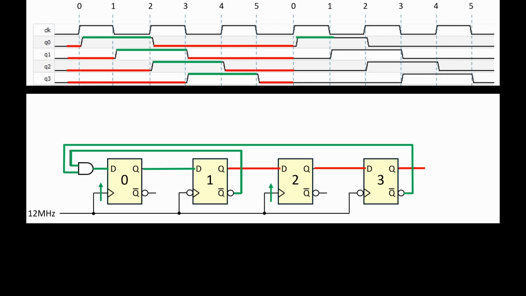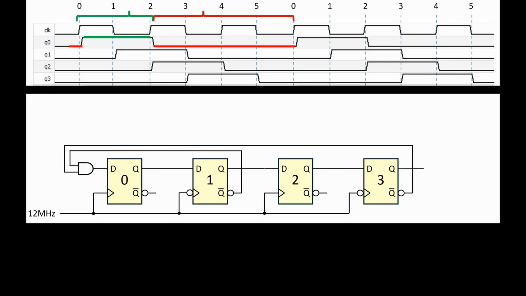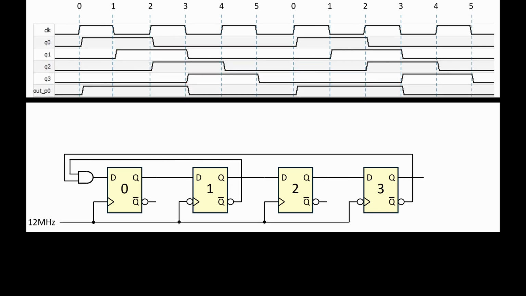During 3 full oscillator cycles, Q0 is on for 1 cycle and off for 2, basically dividing the initial oscillator by 3 at a 33% duty cycle. Q1 through Q3 simply copy this pattern at a 1/2 oscillator offset. To get a nice 50% duty cycle, we simply OR Q0 and Q1 to get output P0.